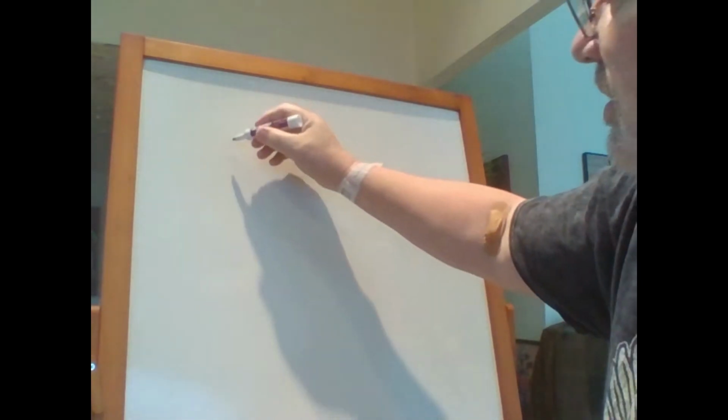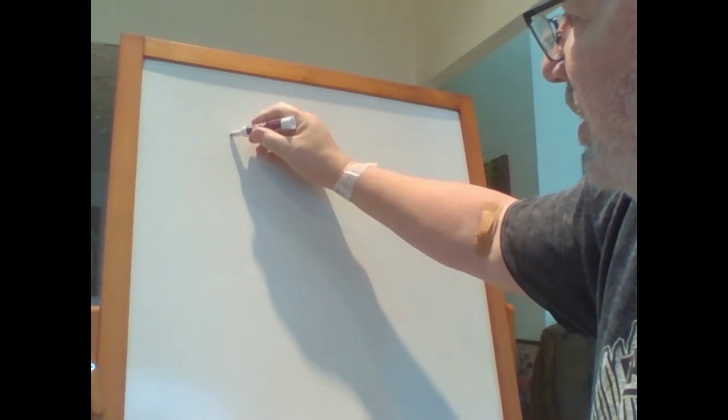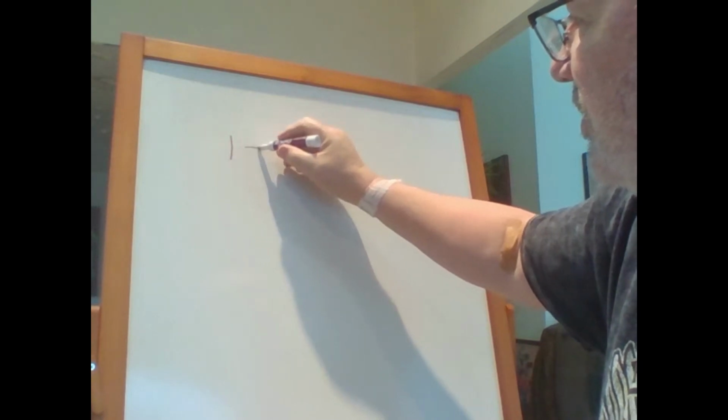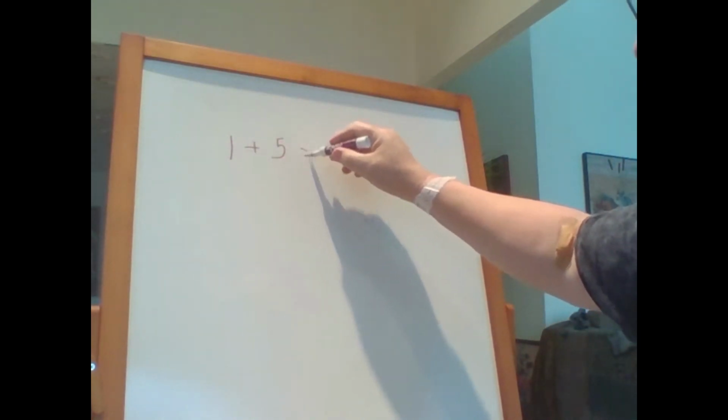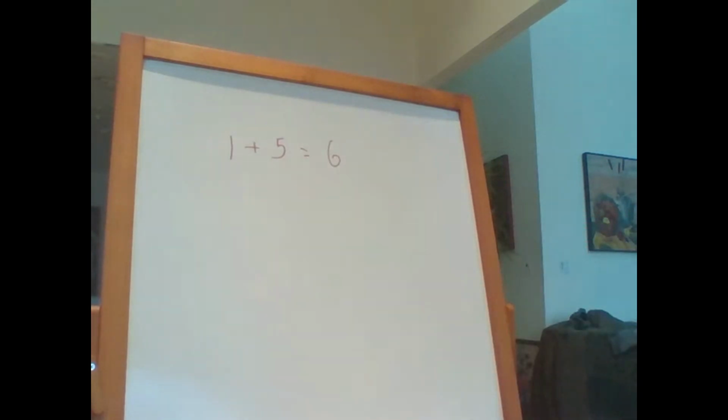Okay, so we know what it means to add. When we have 5 plus 1, we know it's 6. It's basically a form of counting.